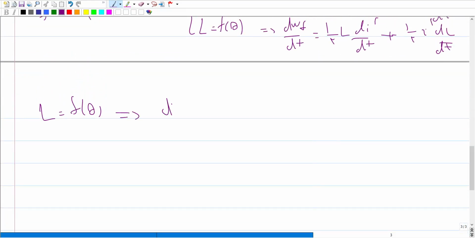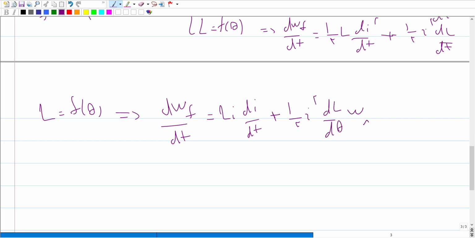Here dW_f/dt, let's write a simplified version, is just L i di/dt plus 1/2 i² dL/dθ times omega mechanical. This is something very interesting. Here also you have omega mechanical, but this does not correspond to the mechanical power.